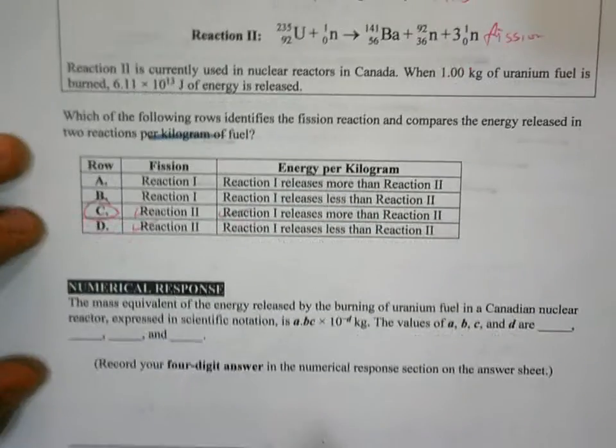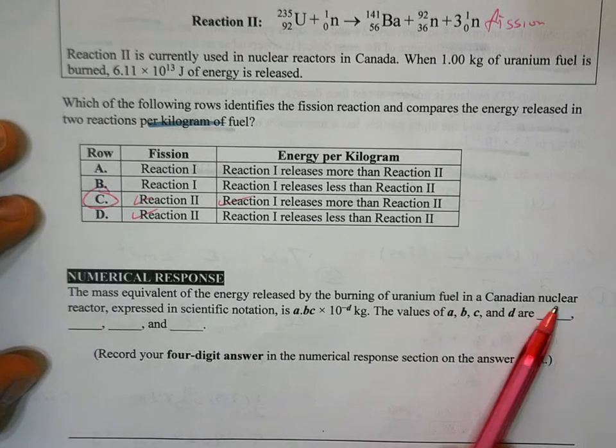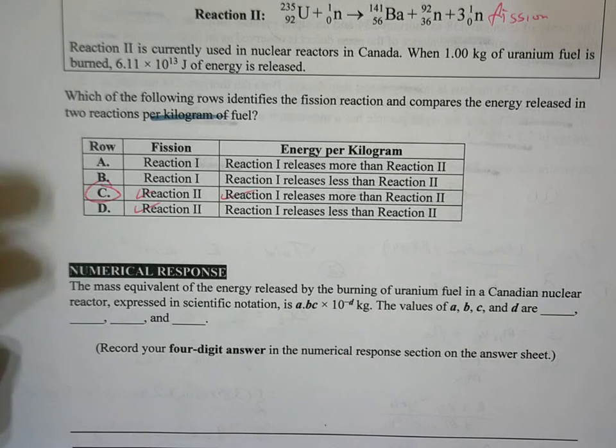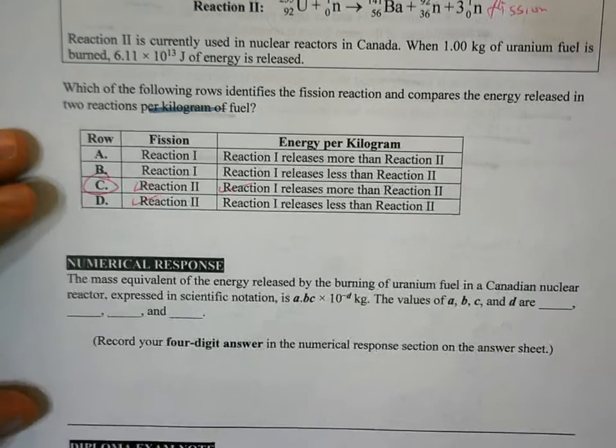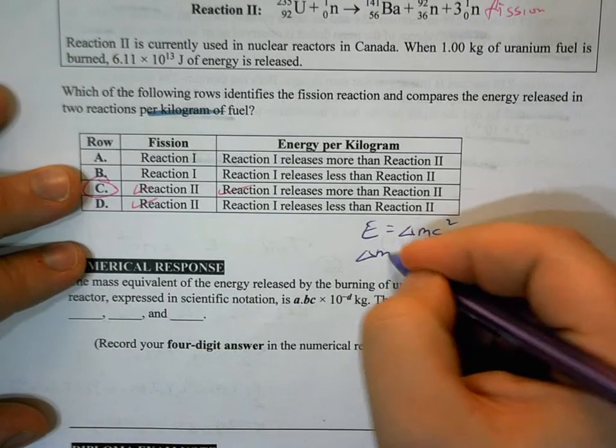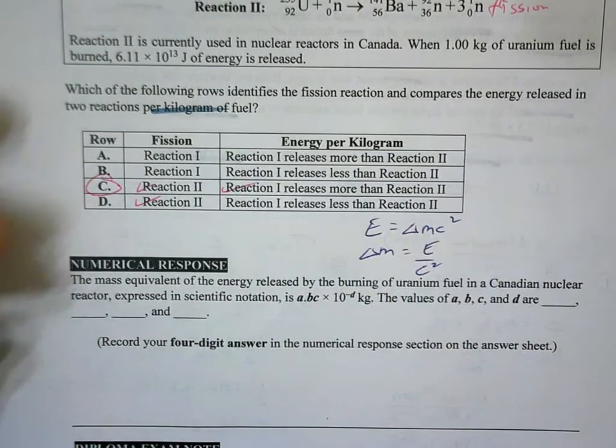And now we're told the mass equivalent of the energy released by burning that uranium fuel is A.BC times 10 to the minus D kilograms. Well, this is the use of E equals delta m c squared, or delta m is equal to E over c squared.